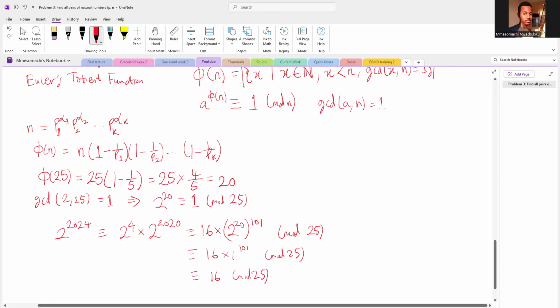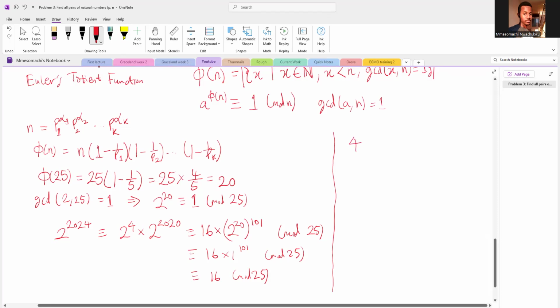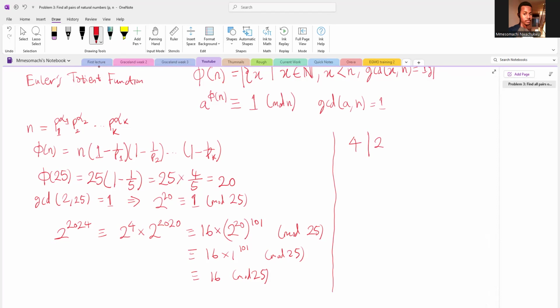Let's put it all together. We have 4 divides 2 to the power of 2024, and 25 divides 2 to the power of 2024 minus 16. So 16 is the remainder. We can combine these two to find the remainder when 100 divides this.